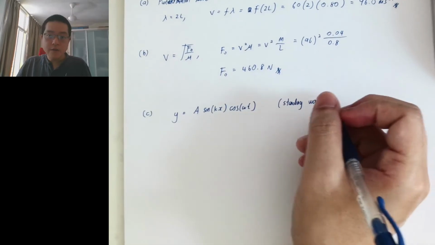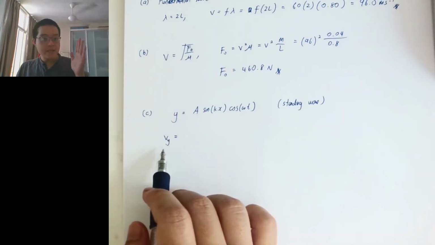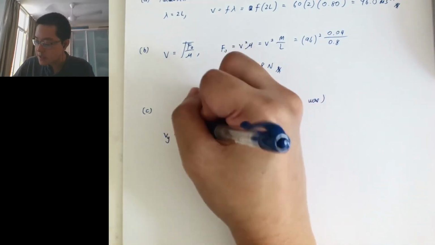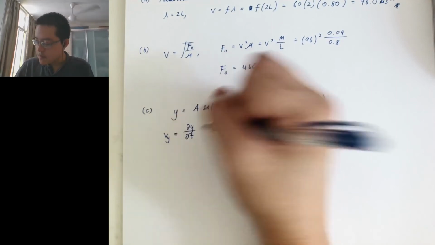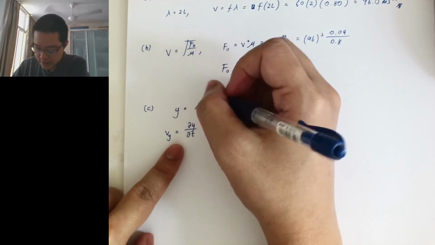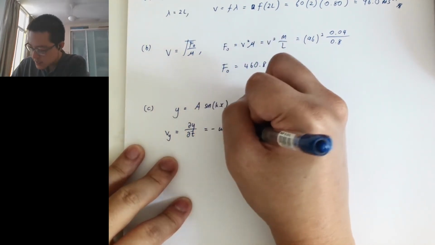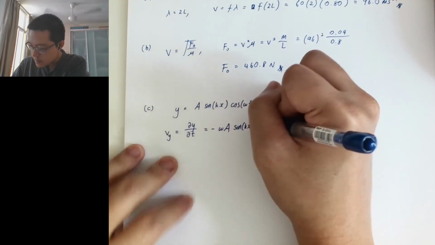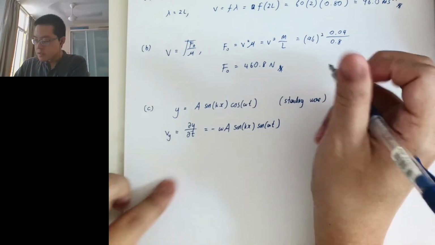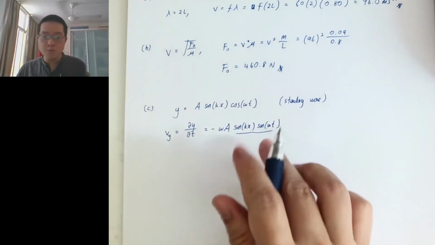And then I want to calculate my velocity. So my velocity in the y direction is, I differentiate my y with respect to t, so partial derivatives. So if I differentiate y with respect to t, I get negative omega A sine kx sine omega t. I want to know what's my maximum. So maximum is when these two functions are 1.